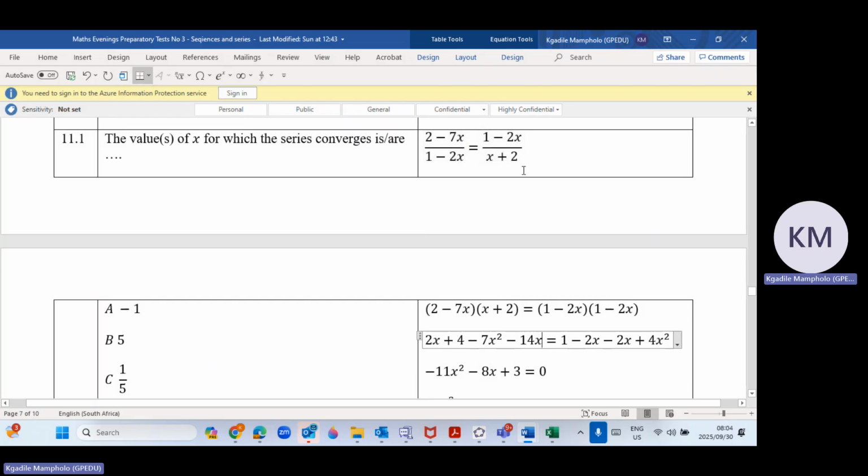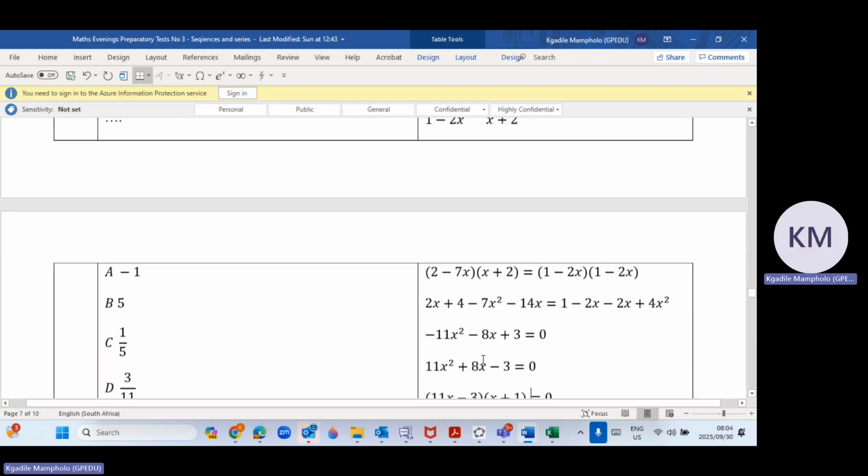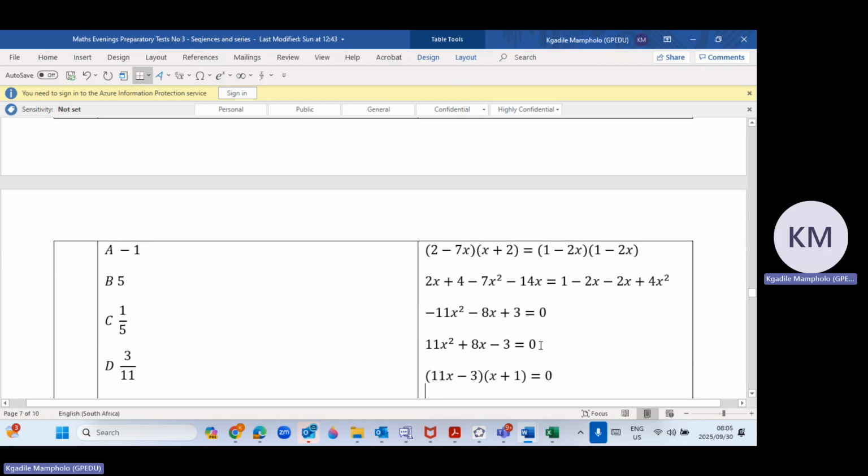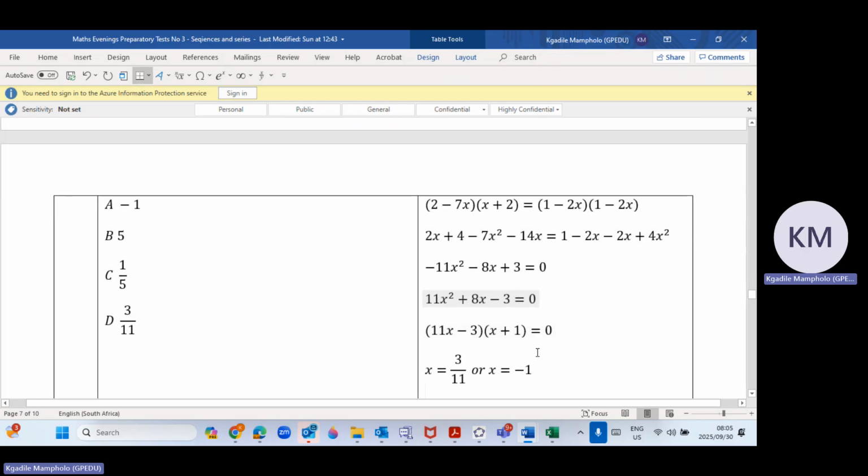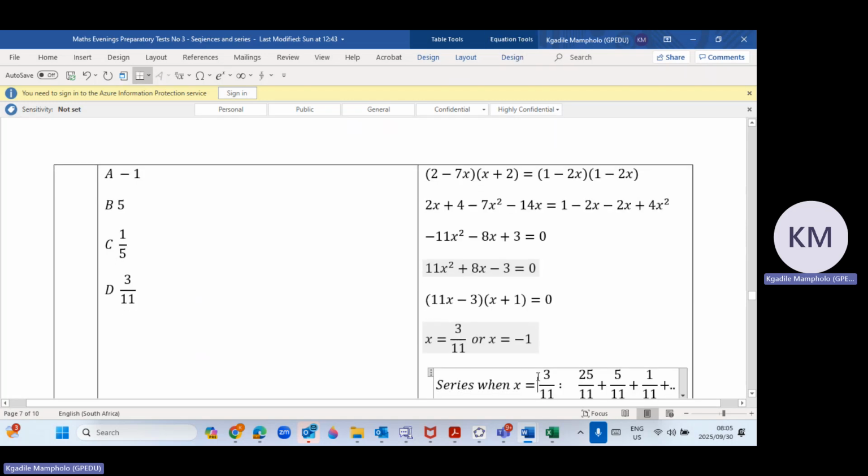Then you cross multiply, clear the brackets, and add the like terms. When you write it in standard form and factorize using the quadratic formula, you get 3 over 11 and negative 1.